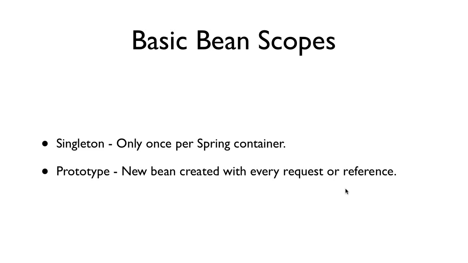So these are the two basic types of scopes that are available. The first one is the singleton, which is the default, and the second one is the prototype. So the singleton default is what causes Spring to initialize all the beans during load time itself. So if a bean is defined as a singleton, when this context is being initialized, all the singleton beans are going to get initialized during the initialization of the context itself.